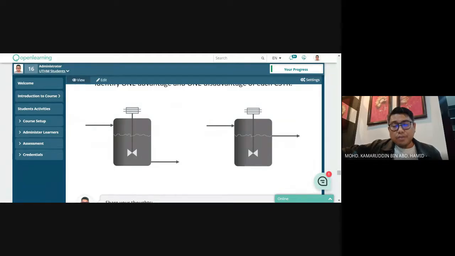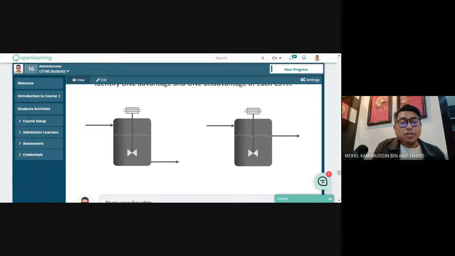Therefore the temperature at the outlet stream will reduce, and you need to put in more steam, for example, if you want to maintain the temperature. So that is the difference, the advantage and disadvantage.